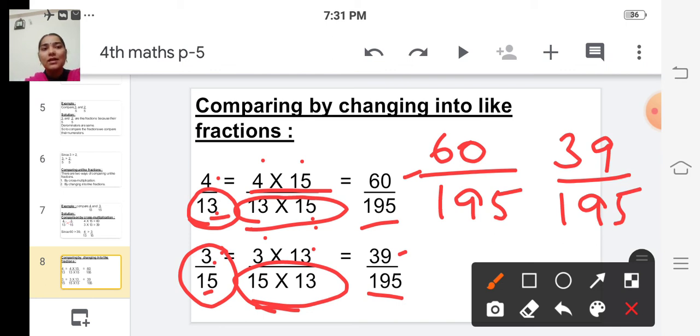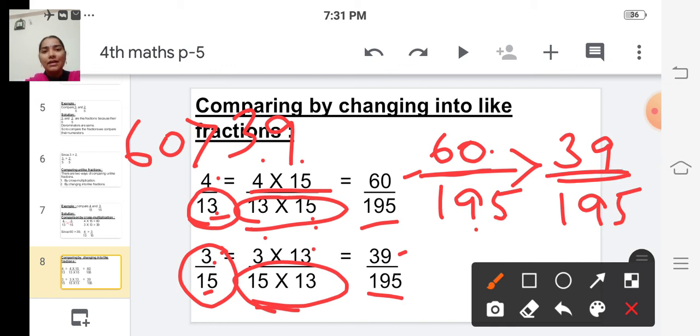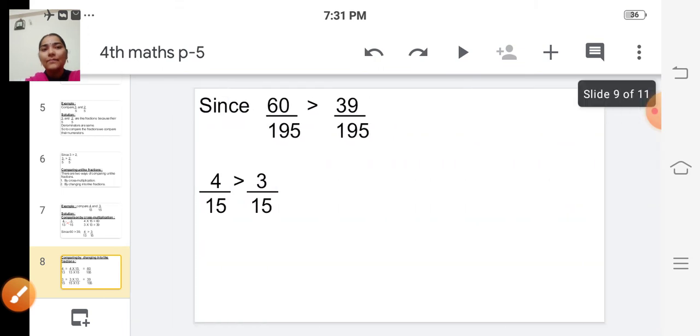So the numerators are 60 and 39. Which one is bigger? So 60 is greater than 39, isn't it? So 60 divided by 195 is greater than 39 divided by 195. Okay.